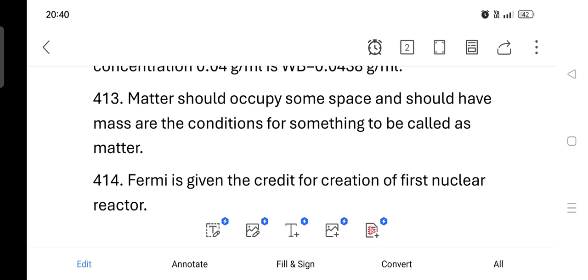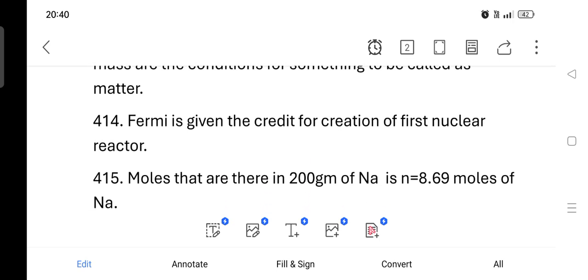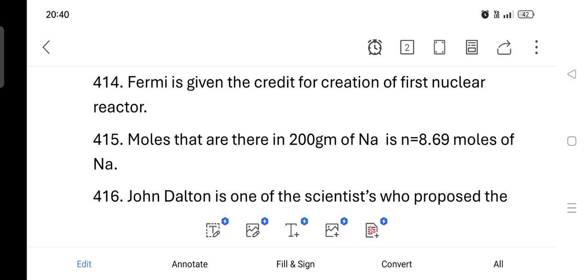Matter should occupy some space and should have mass; these are the conditions for something to be called matter. Fermi is credited with the creation of the first nuclear reactor.